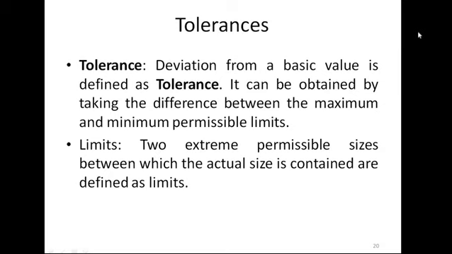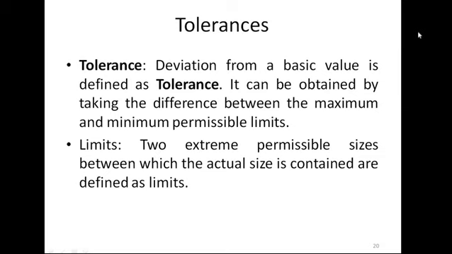If the tolerance zone is plus minus 0.05, it means whatever component they manufacture will fall between 20.05 and 19.95, so that the part is acceptable.